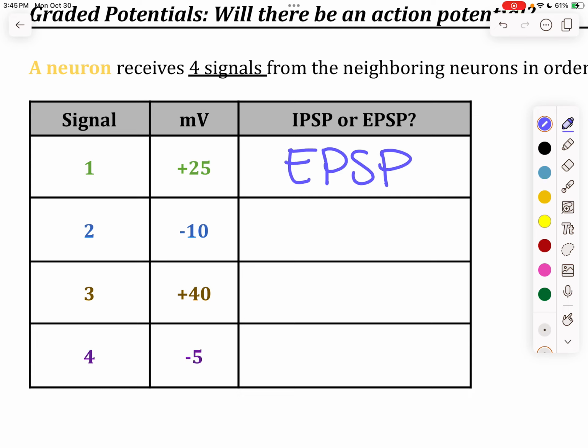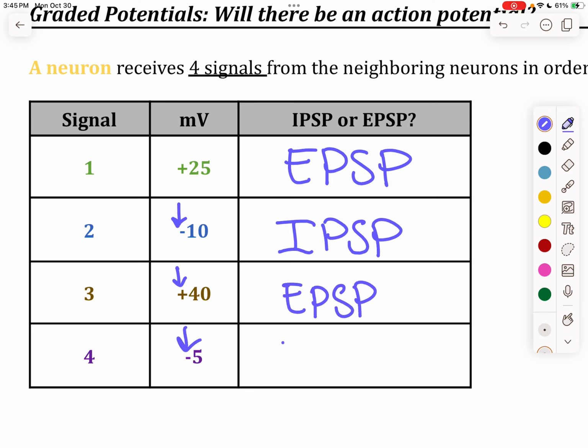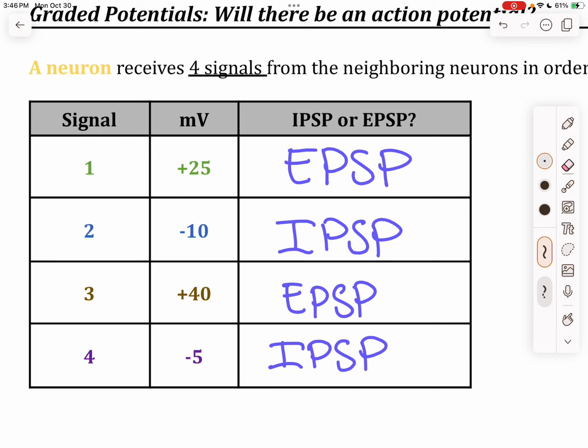Minus 10 lowers the probability of an action potential firing, so that's an IPSP. Plus 40, EPSP. And minus 5 is an IPSP. So I have a collection here of EPSPs and IPSPs, and I have to do some math to figure out, will the action potential fire?